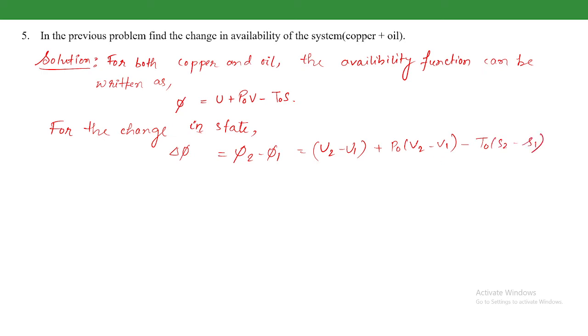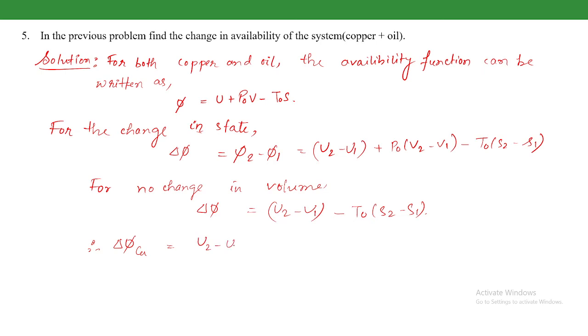In this system there is no change in the volume, so this term will essentially be 0 for both copper and oil. So for no change in volume, delta phi is equal to u2 minus u1 minus t naught times s2 minus s1. Therefore delta phi of the copper is u2 minus u1 for copper minus t naught times s2 minus s1 for copper.